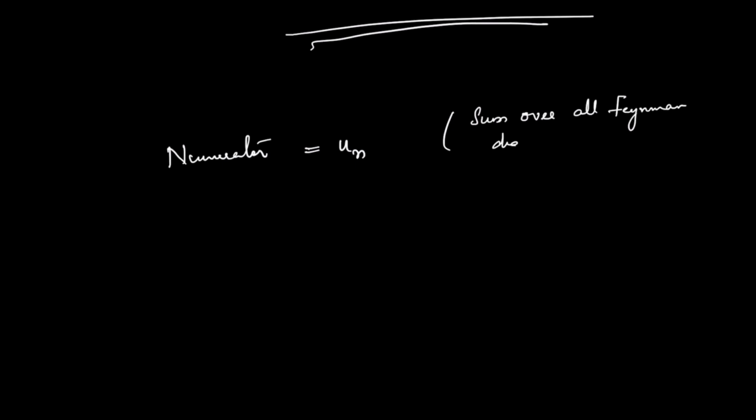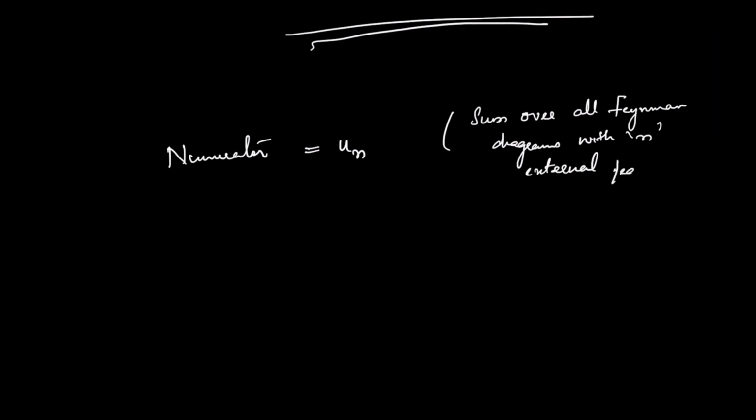Now the numerator of the n-point function, if I represent it by Un, then it is a sum over all the Feynman diagrams with n external legs, because we will have n external points.